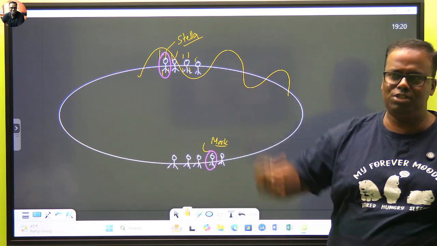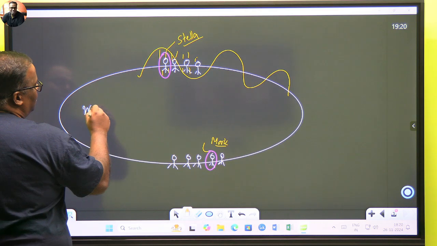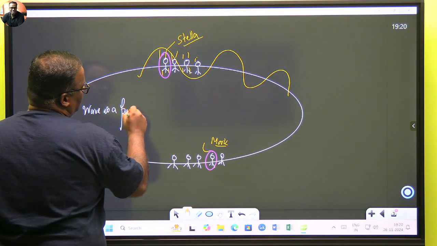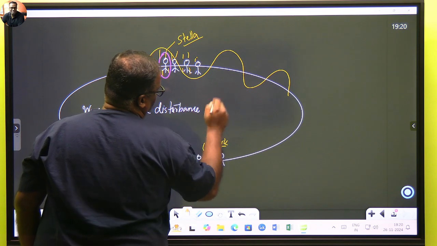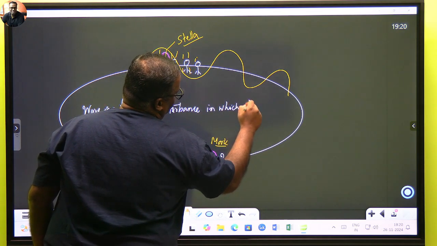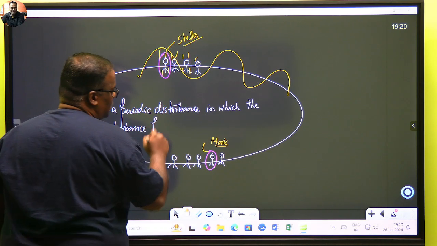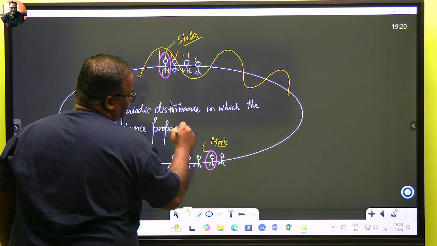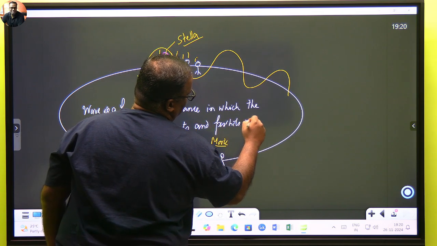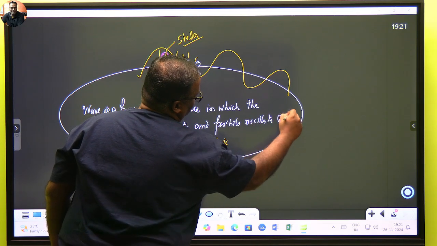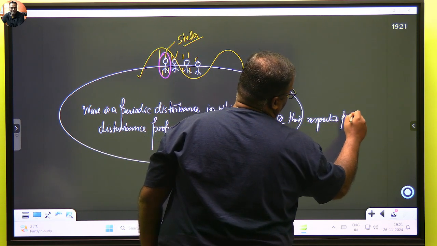So maybe now by 40% you will agree with me that if I again start writing out here that wave is a periodic disturbance, in which the disturbance travels, or one minute, I say the disturbance propagates and particles oscillate at their respective position.